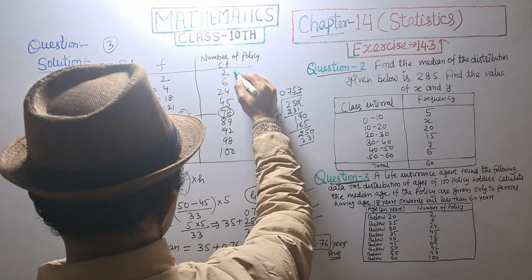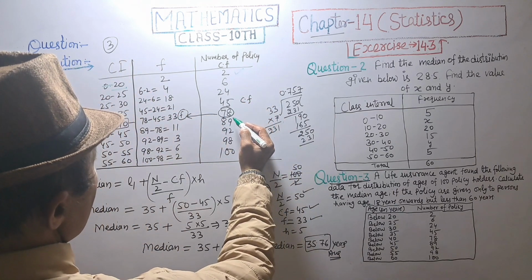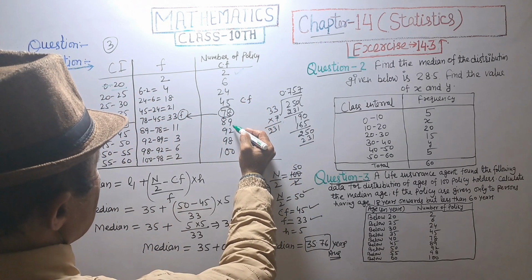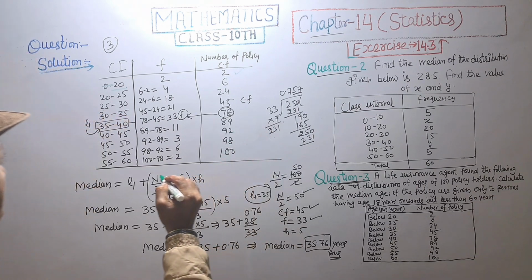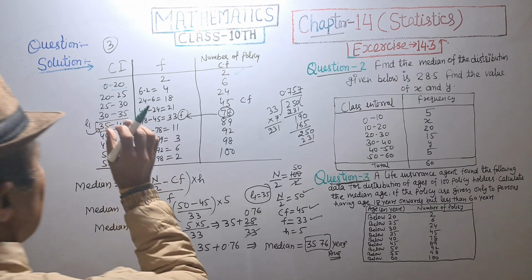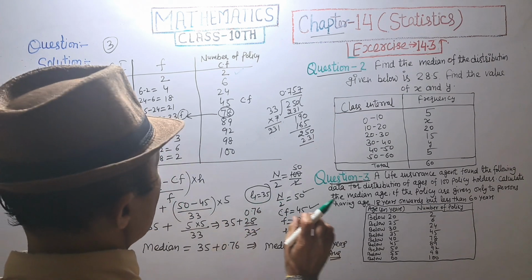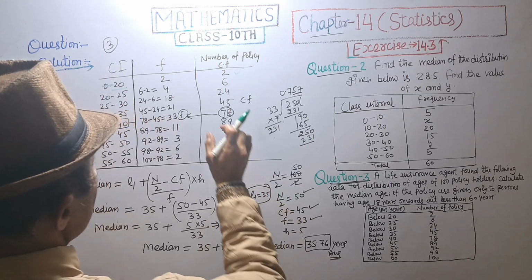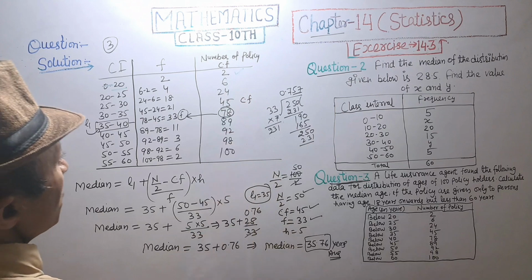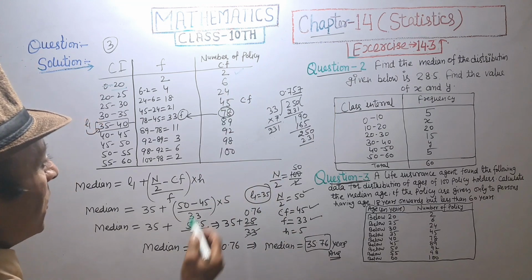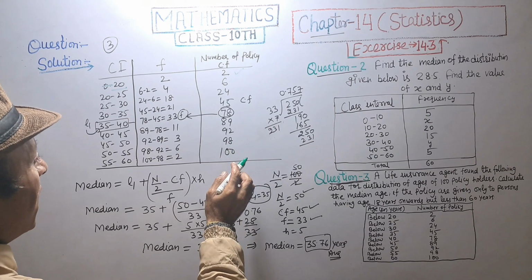And the cumulative frequency given is 2, 6, 24, 45, 78, 89, 92, 98 and 100.